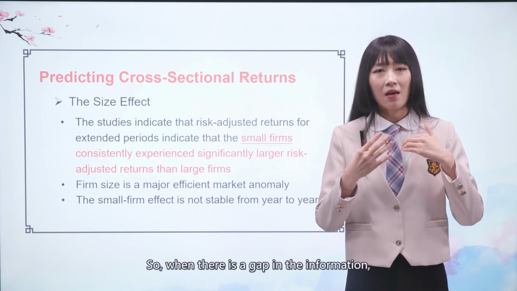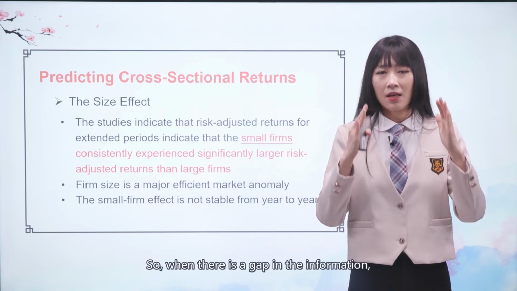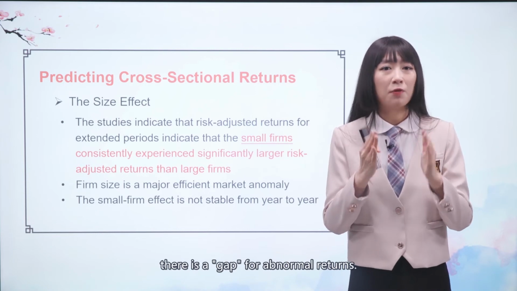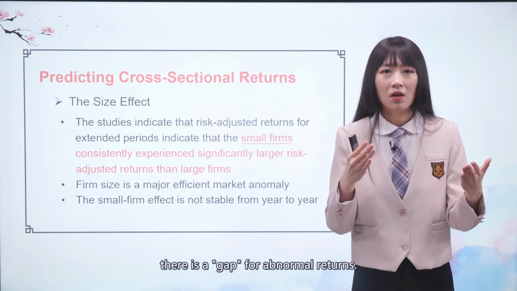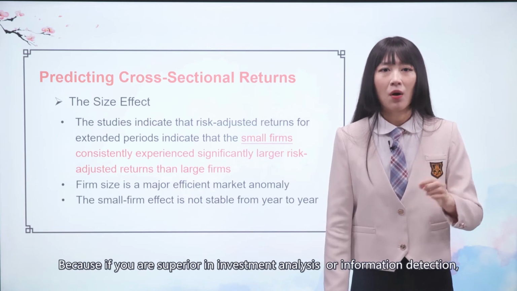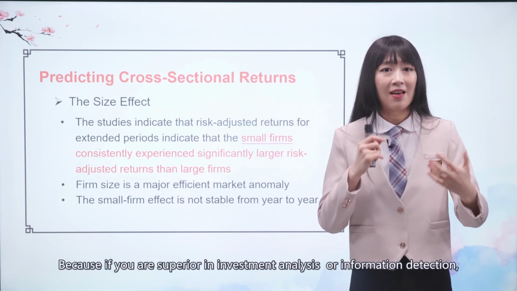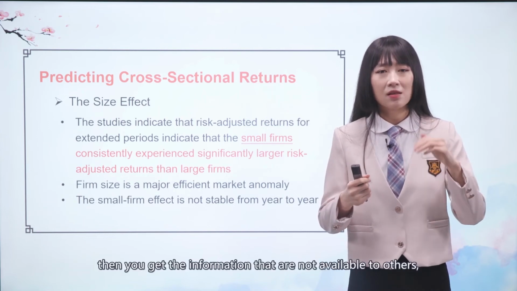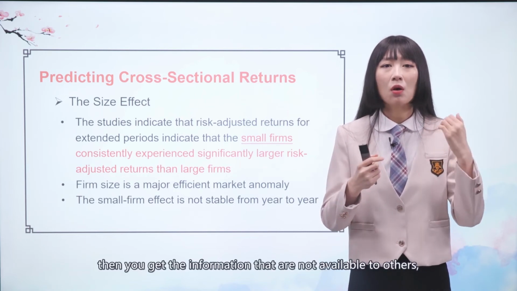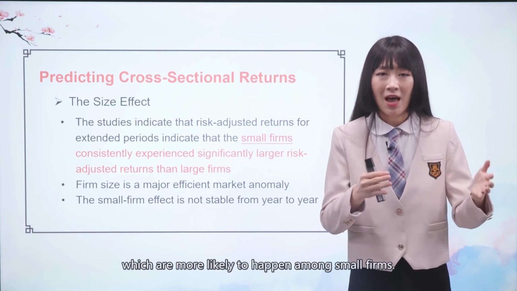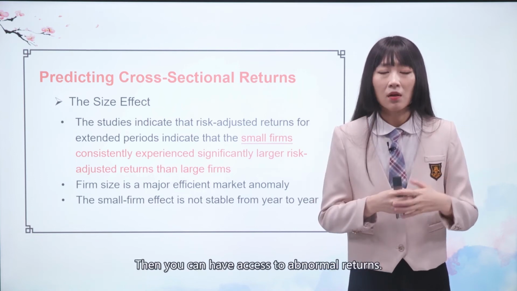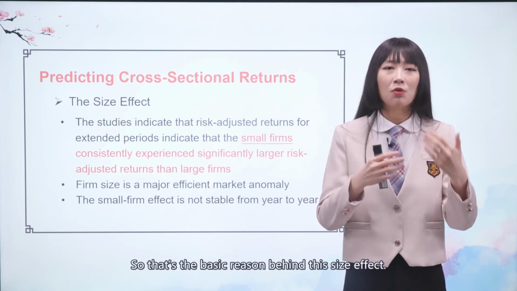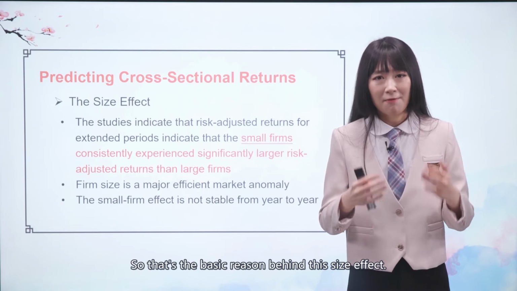When there is a gap in the information, there is a gap for abnormal returns. Because if you are superior in investment analysis or information detection, then you get information that is not available to others, which is more likely to happen among small firms. Then you can have access to abnormal returns.